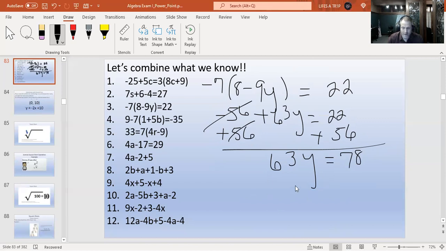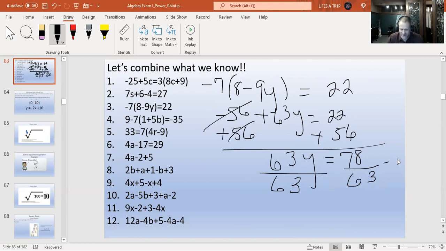Let's divide by the 63 and the 63. Can we simplify this?